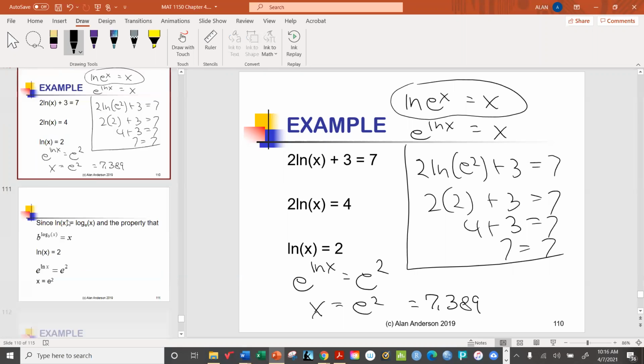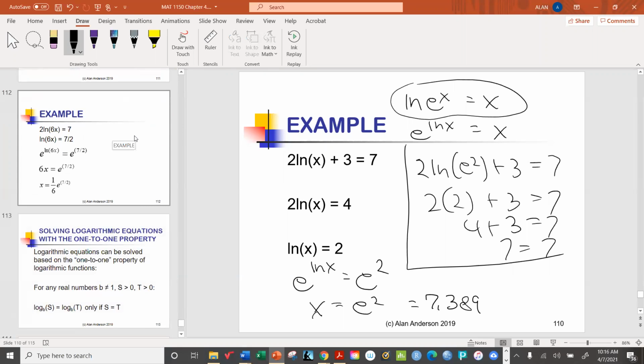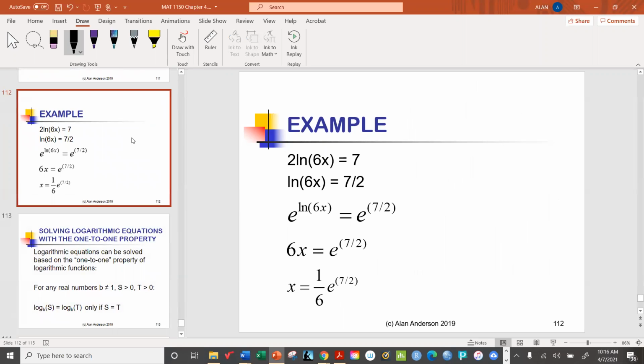All right. Anyway, look at this one. 2 log 6x equals 7. So of course I divide both sides by 2. And I'll use the same trick. I'll raise both sides to the e raised to that power. So I'll have e to the log 6x equals e to the 7/2.